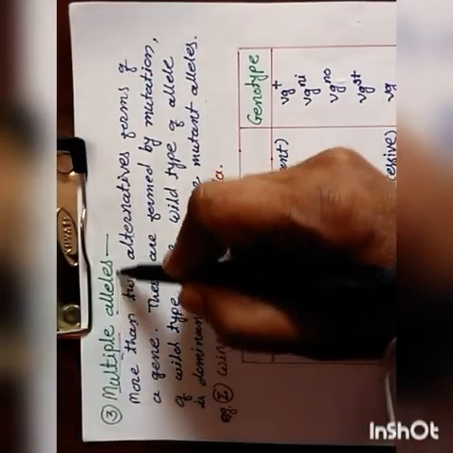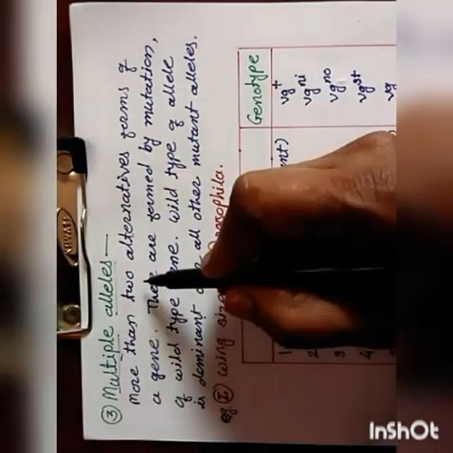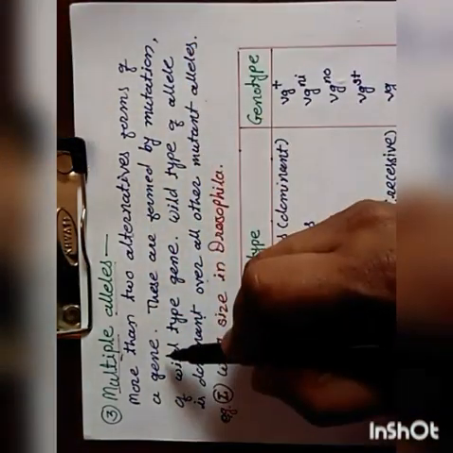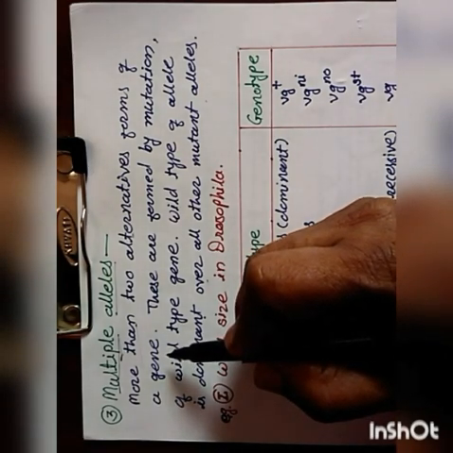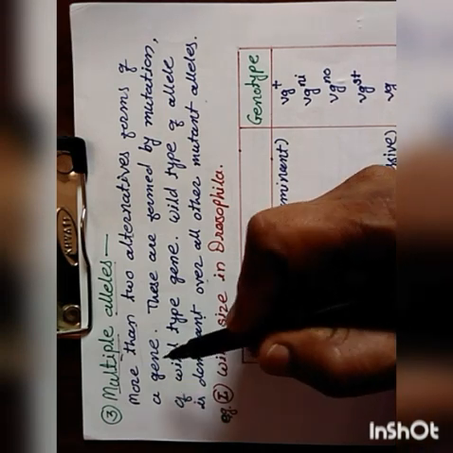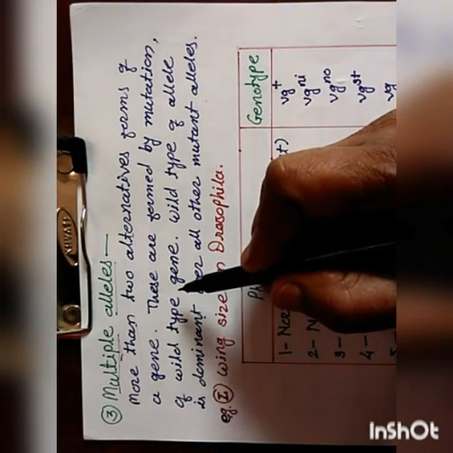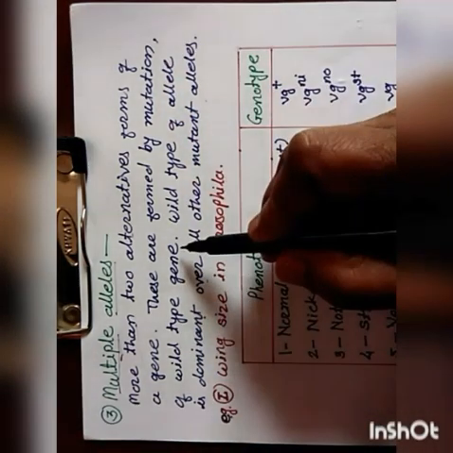Multiple alleles. Multiple alleles are more than two alternative forms of a gene. Means a particular gene is represented by more than two alternative forms, and these multiple alleles are formed by the mutation of a wild type gene.